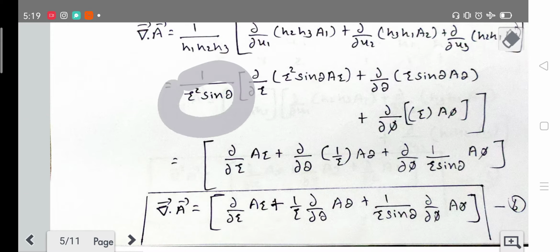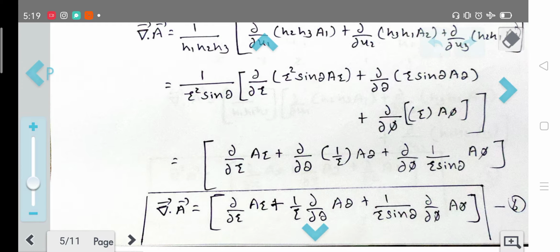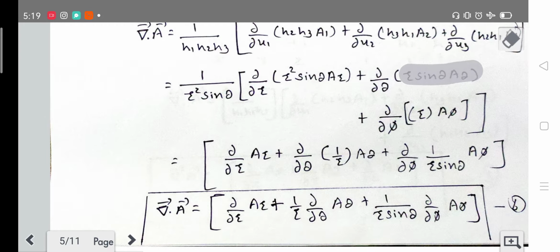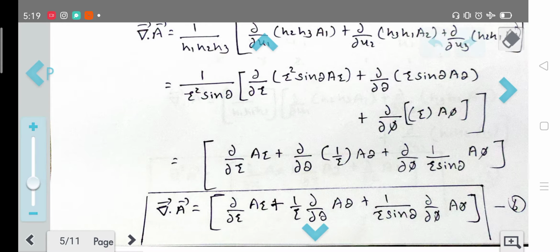So here we will get 1 upon r square sine theta, del by del r of r square sine theta into the r component of A. Here we are considering r as u1, so we have the r component of A, plus del by del theta of r sine theta a theta, so this is the theta component of A, plus del by del phi of r into the phi component of A.